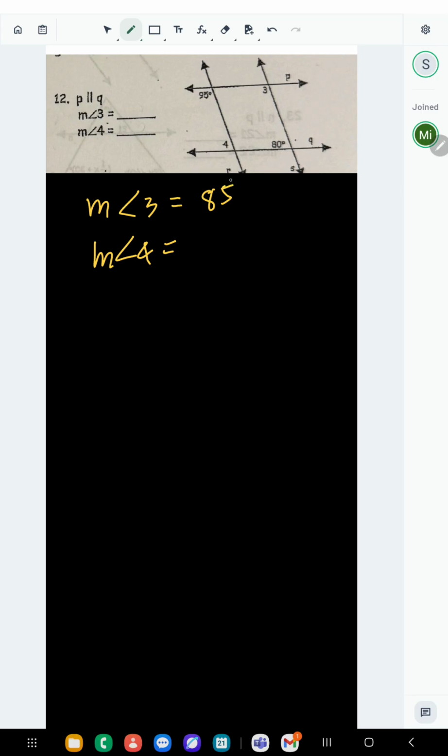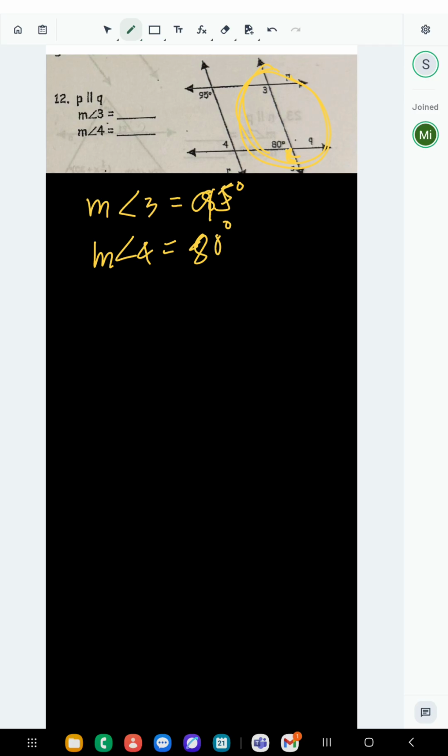Okay. Is it 85? 95 maybe? No. Yes, they are corresponding angles. It should be 95. Four would be 80. Yeah. Oh, that was easy. I think we made a mistake.